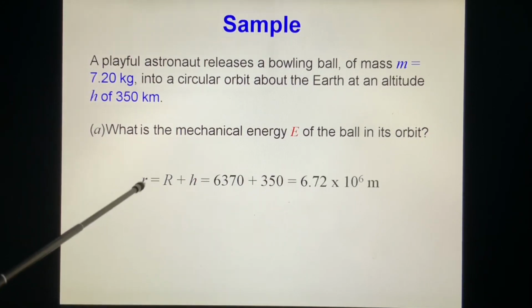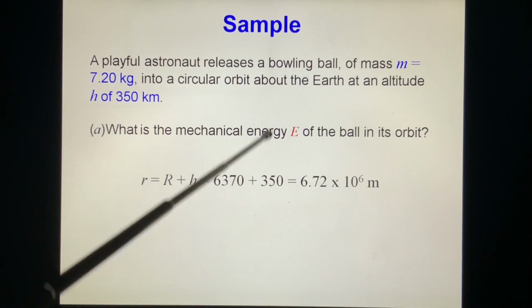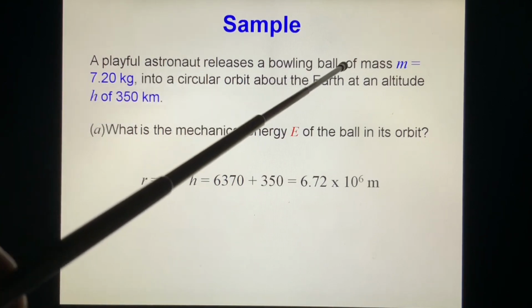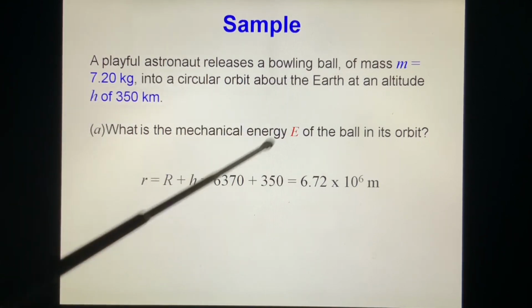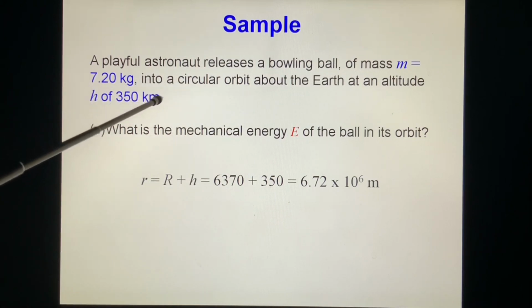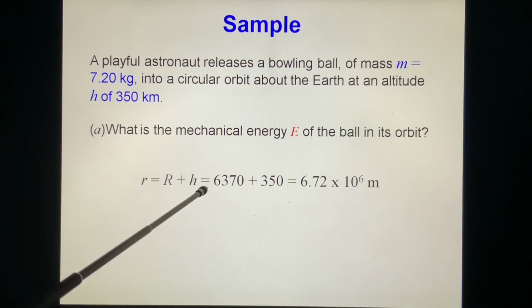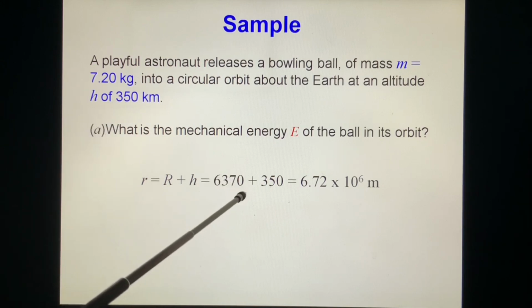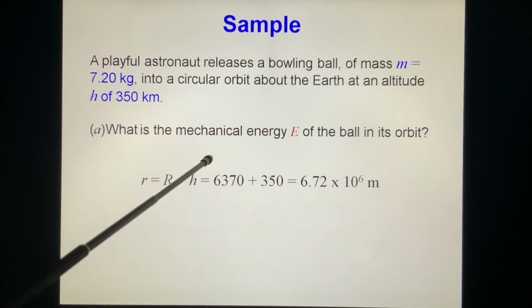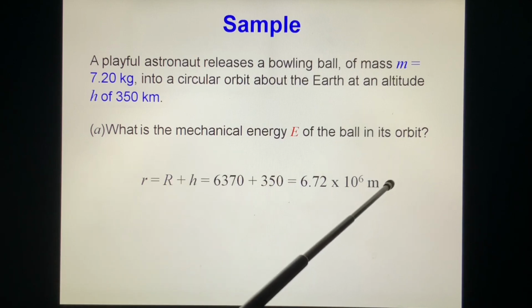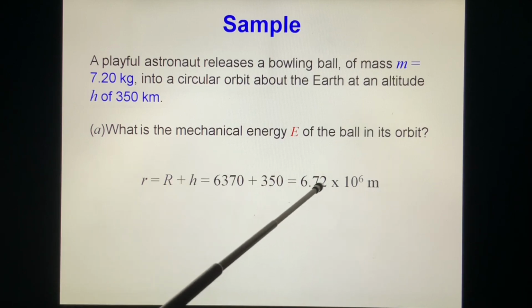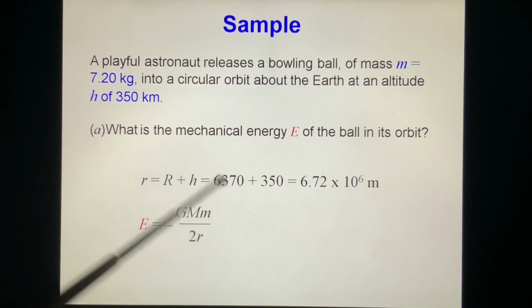We see the distance of this bowling ball to the center of the Earth is 350 kilometers plus the radius of the Earth, 6,370 kilometers. And this one we have to convert into meters. So this would be 6.72 times 10 to the 6 meters. Well, this one will give the potential energy, and we will then have the total energy.